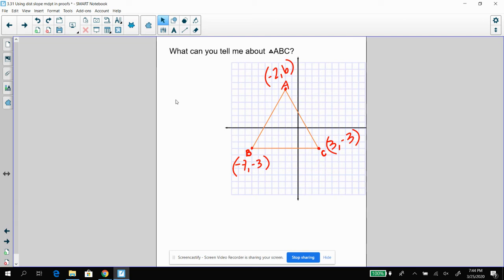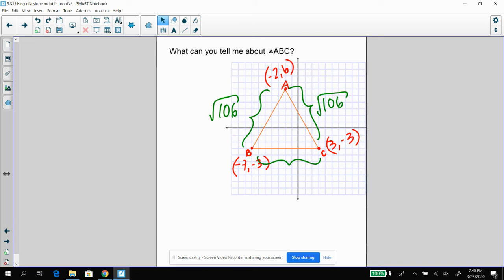We know that we've classified triangles based off the lengths of their sides. So if I did the distance formula 3 times, and I'll pause here if you want to pause it and do the distance formula out, I wind up getting that this equals the square root of 106. This guy also equals the square root of 106.